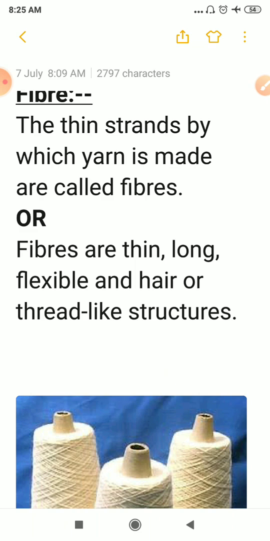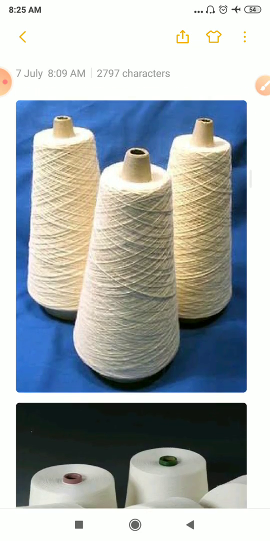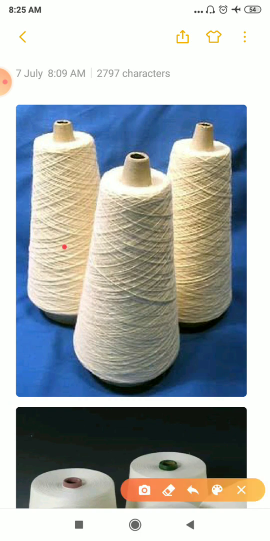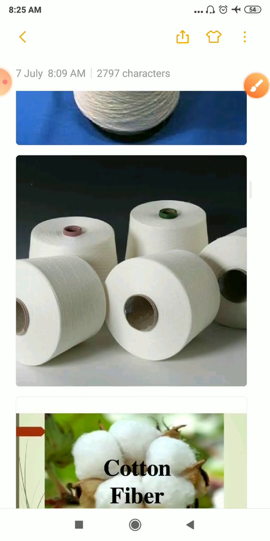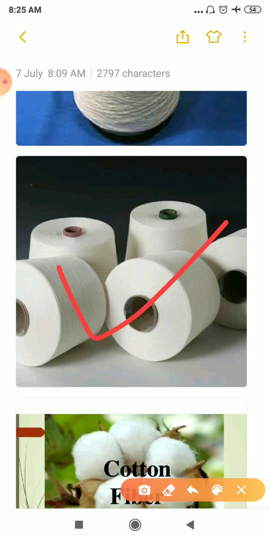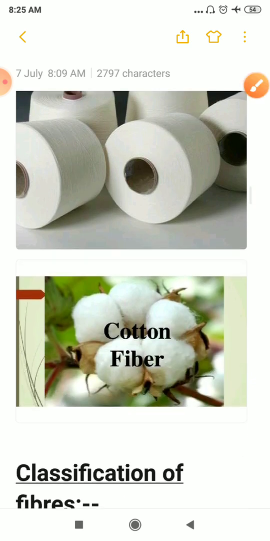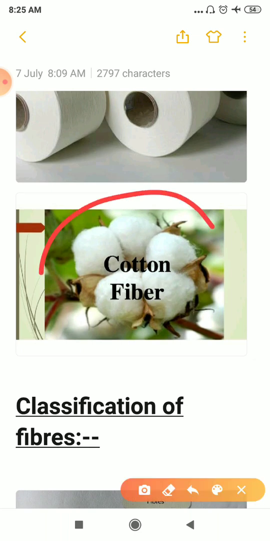From these fibers, yarns are made, and from these yarns, fabrics are made. See, this is yarn. And this is cotton fiber.